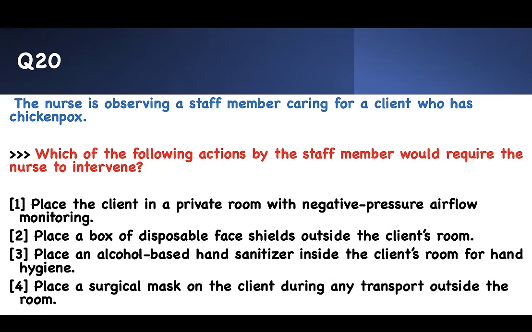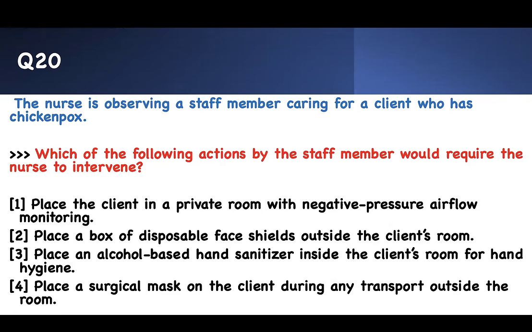We're going to analyze each option using airborne and contact. Place the client in a private room with negative airway pressure. This is consistent with what? Airborne. Place a box of disposable face shields outside the client's room. You're presuming that a face shield is what? Is it contact or airborne? Most of the time, a face shield is common in what? Droplet.